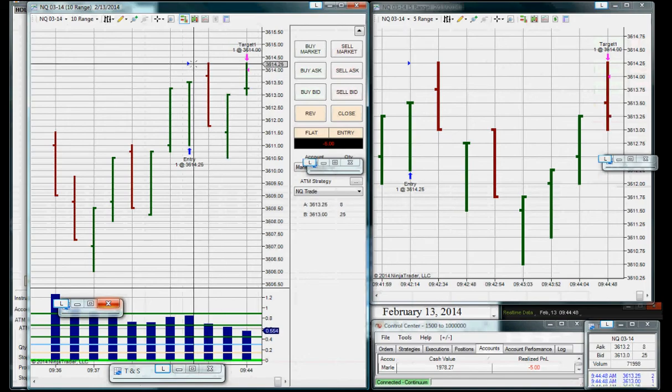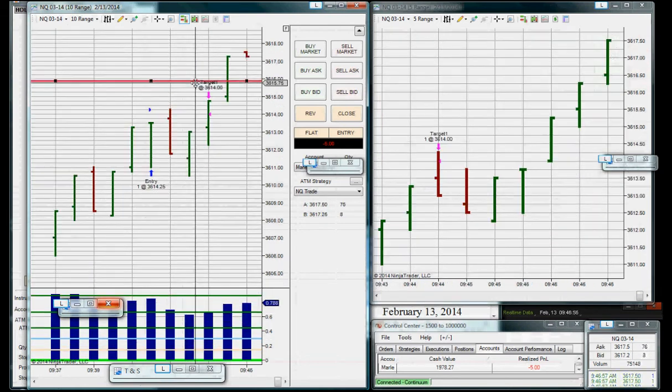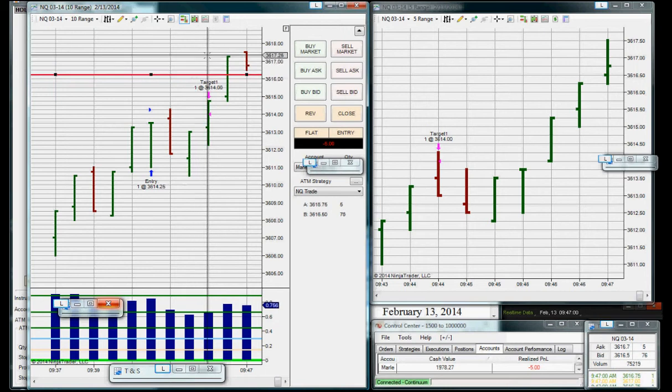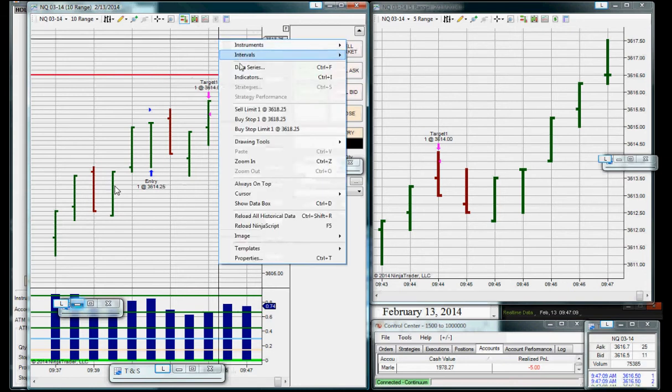So let me fast forward it to 9:47. Just looking at the time here, the time and sales window, it was at 9:47 and 35 seconds. So I'm getting ready to place my trade up here in front of the market.